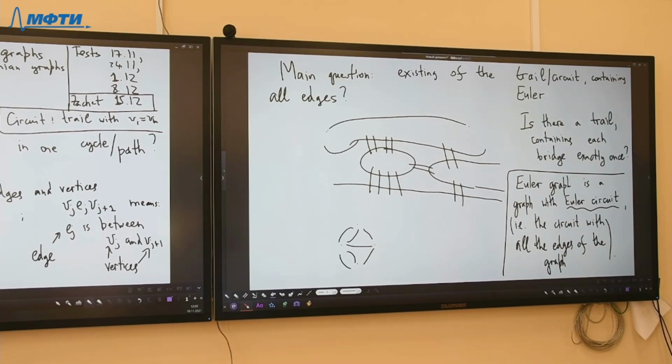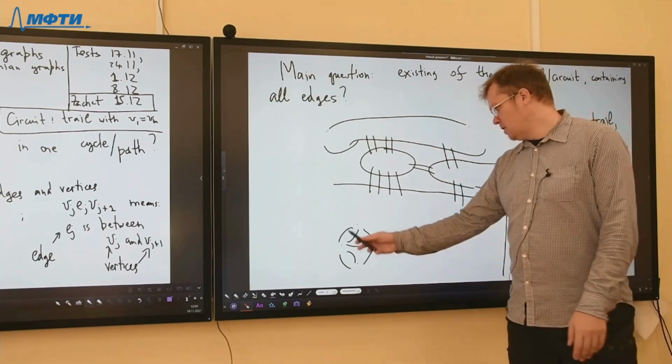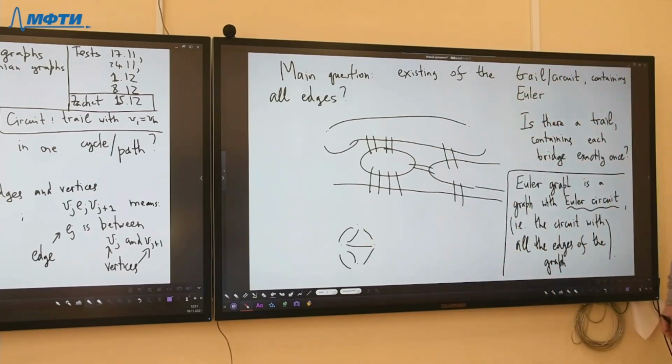Okay, do you understand how to solve this question? Can we meet all 7 bridges of Königsberg?